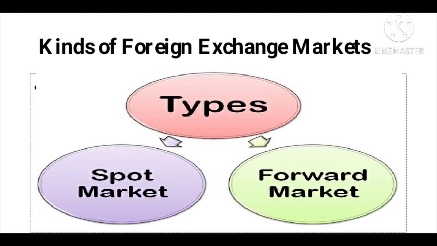Thus, the forward market constitutes the forward transactions in foreign exchange. The exchange rate at which the buyers or sellers settle the transactions in the forward market is called a forward exchange rate. Thus, the spot and forward markets are the important kinds of foreign exchange market that often help in stabilizing the foreign exchange rate.